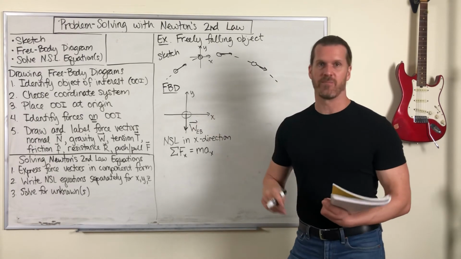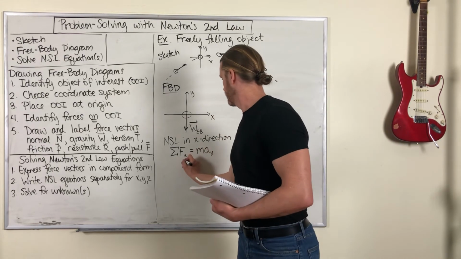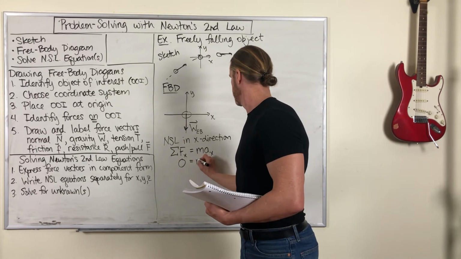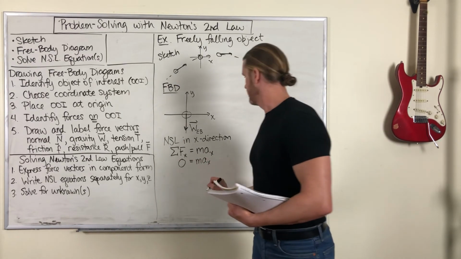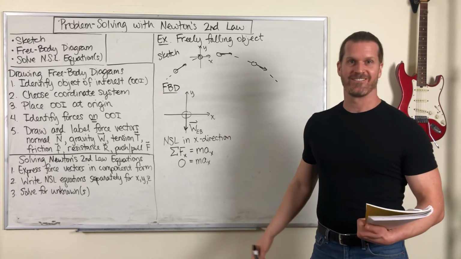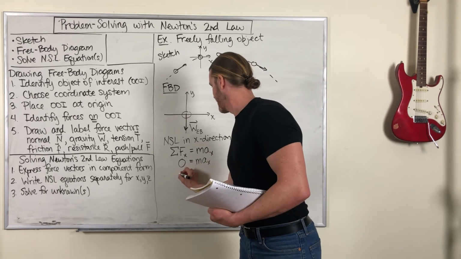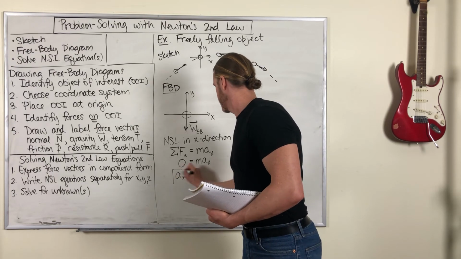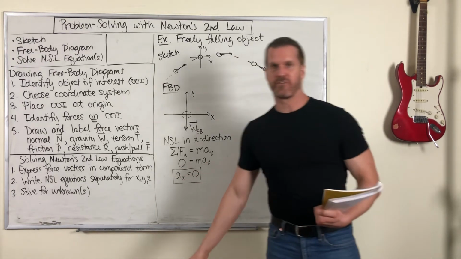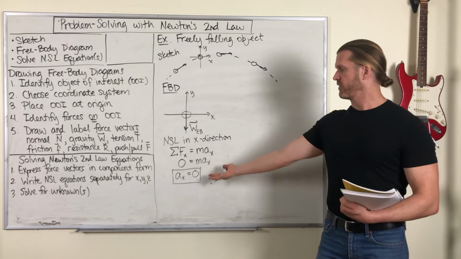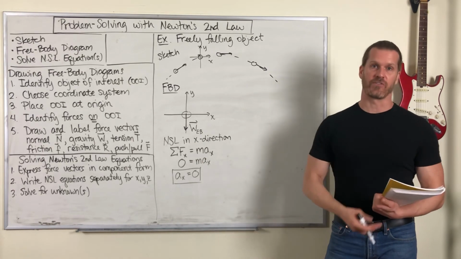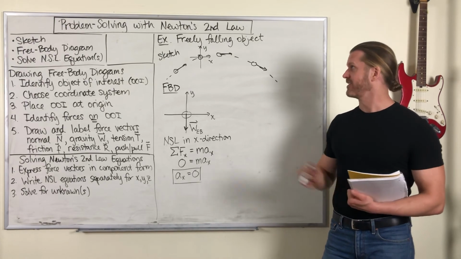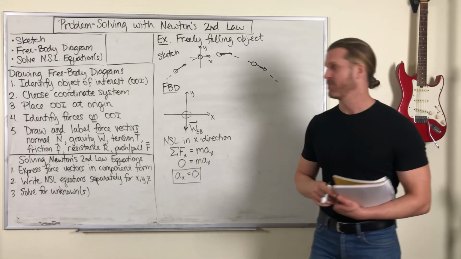And if you look at our free body diagram, there are no forces in the x direction. And if you divide both sides by m, then you find that ax equals 0. So we've now shown that there is no acceleration in x, which is what we've been saying all along about these projectile motion problems.